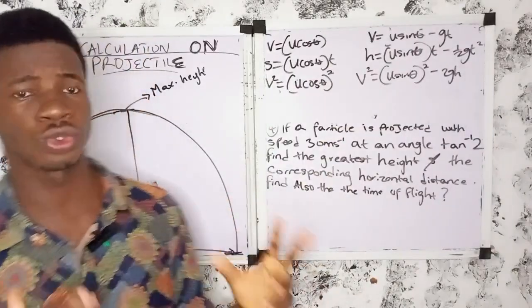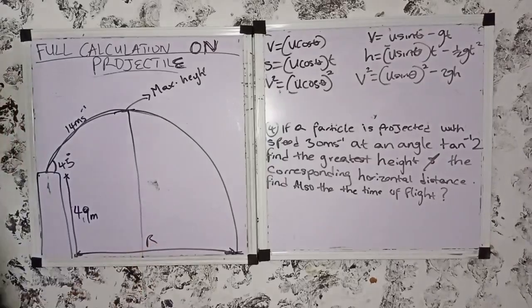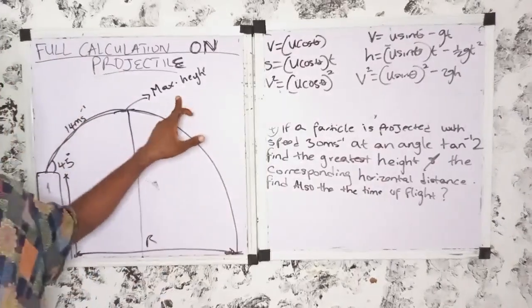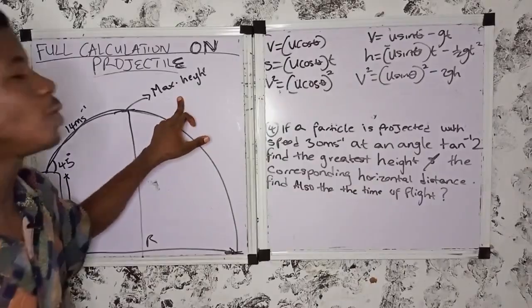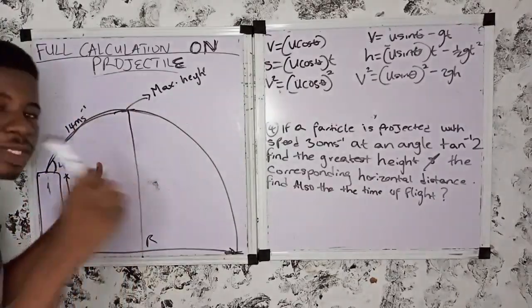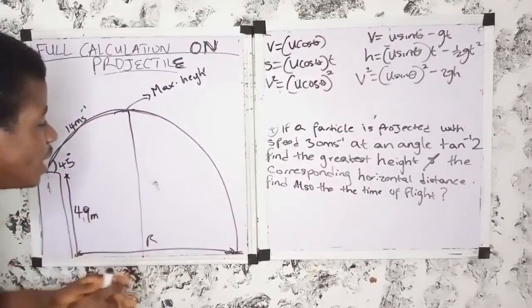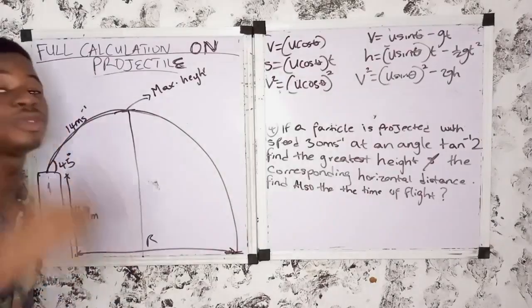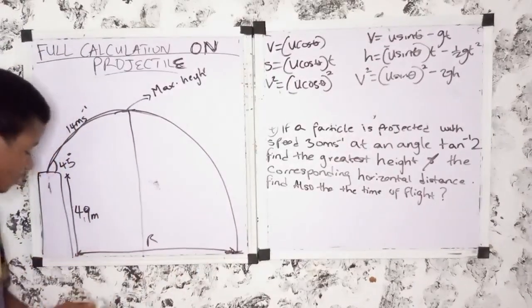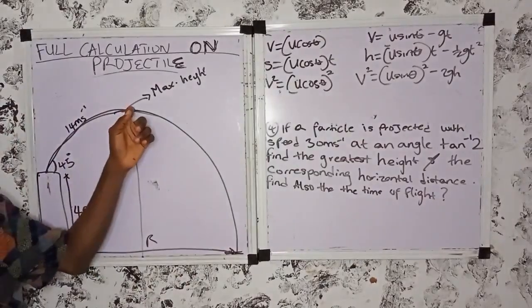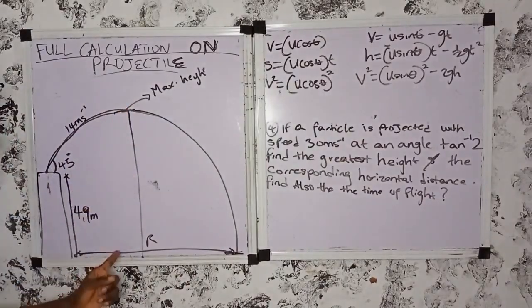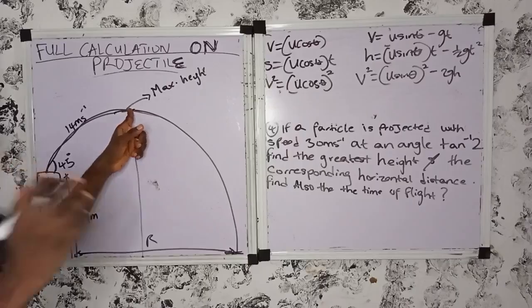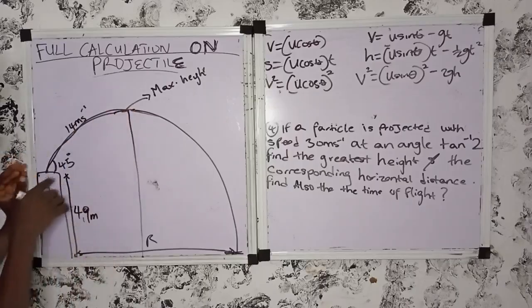Now they're telling us to look for two things: the range as well as the maximum height. The maximum height they are asking for is the total height from the ground to this point here.